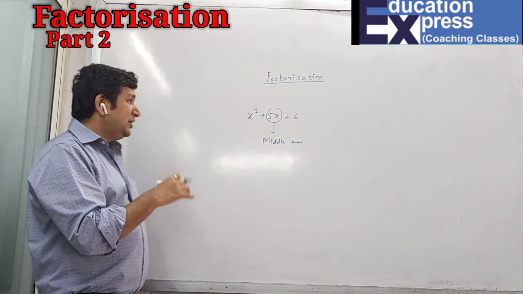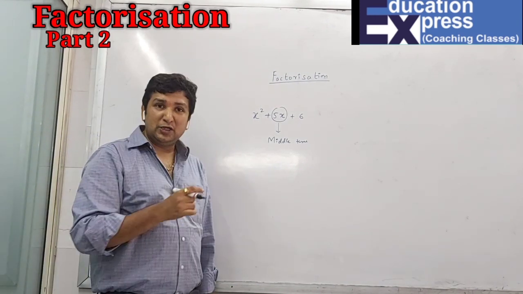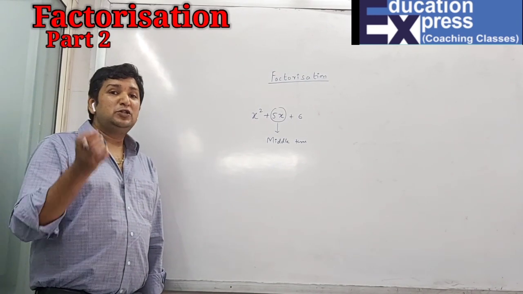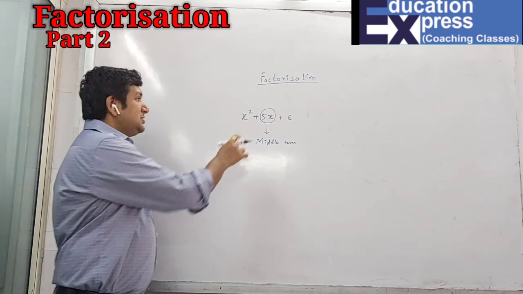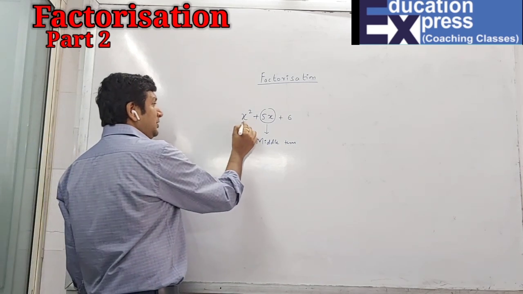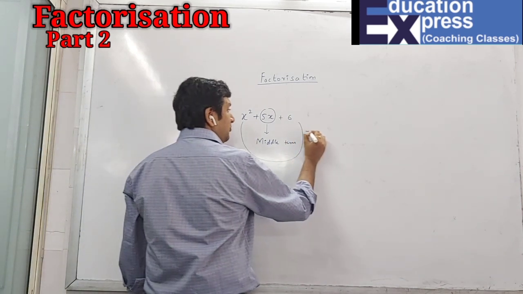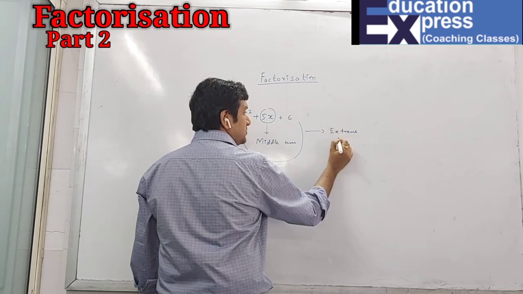You just have to find the variable which has the minimum power. The one which has the minimum power becomes automatically the middle term. Now the remaining two terms are said to be your extreme terms.